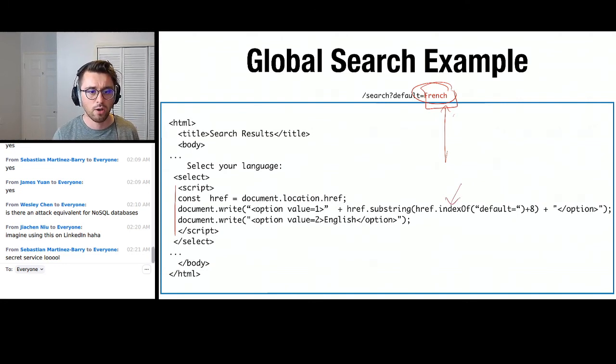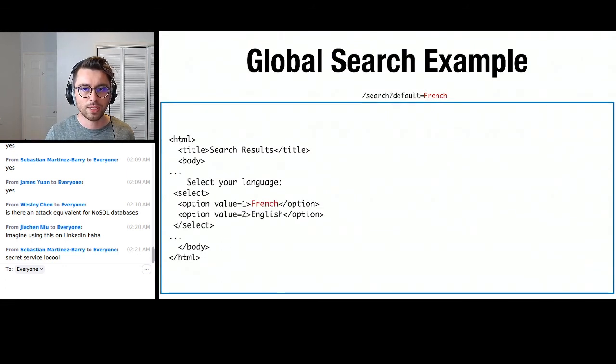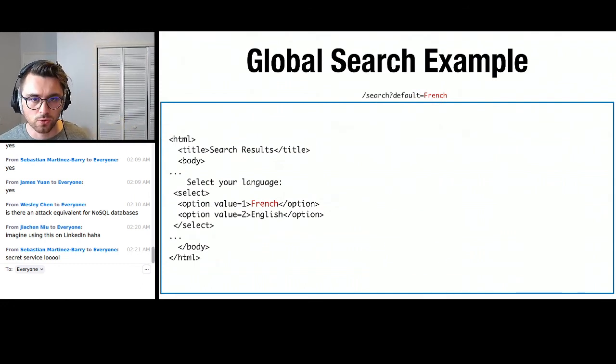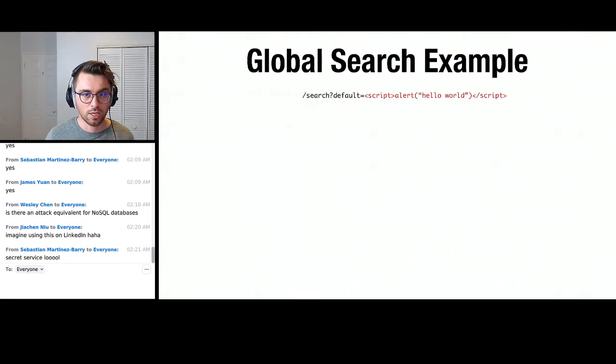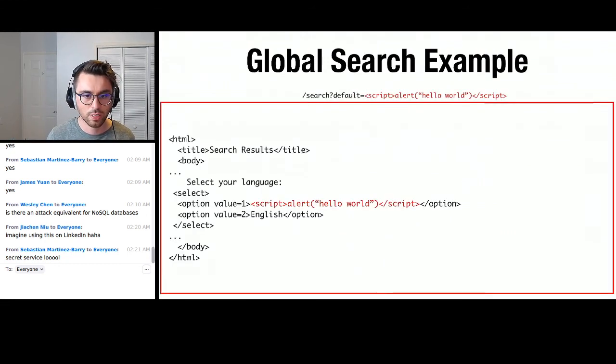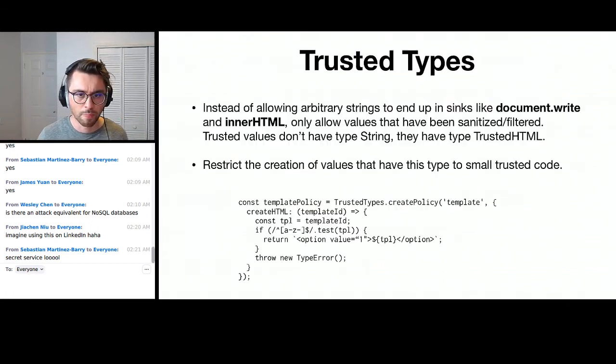In this case, it would potentially generate an option value with French as that option, and then English as the second option. So what happens? Well, again, if I somehow convince you to execute this piece of code, that thing is reflected in the page. If I include a script, that thing is again included in the page. If you didn't properly sanitize that thing, we're totally hosed.